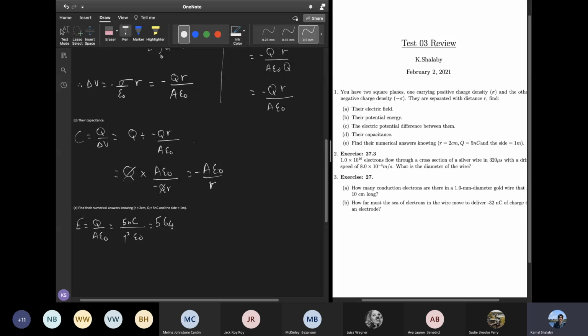And what are your units for electric field? It's Newton per Coulomb.